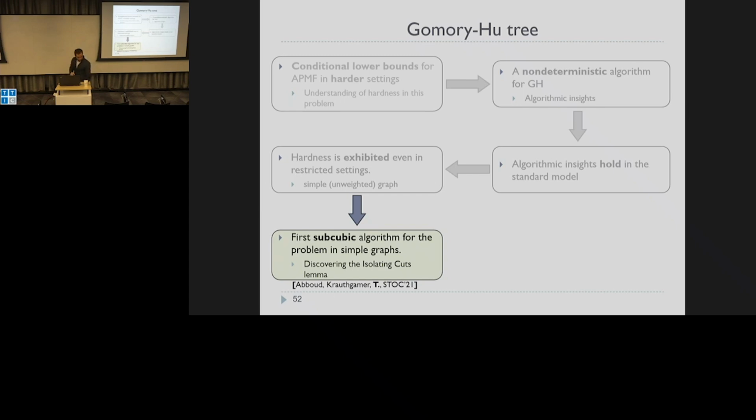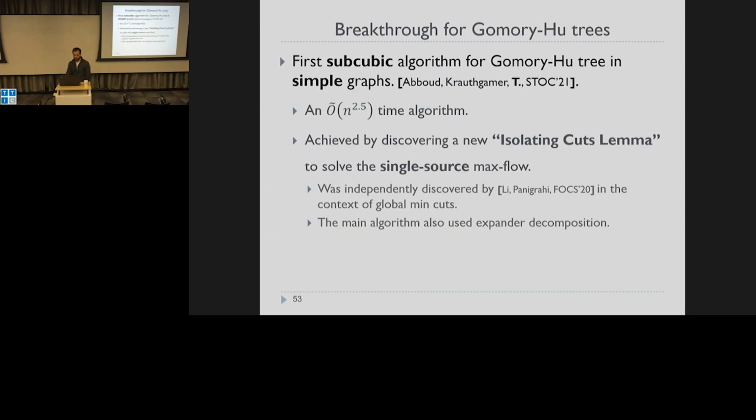And then focusing on this example and going back to the general setting, we managed to show the first subcubic algorithm for the problem in simple graphs. We showed an n to the 2.5 time algorithm, which is faster than n applications of maximum flow, which would be n times m, n cubed.